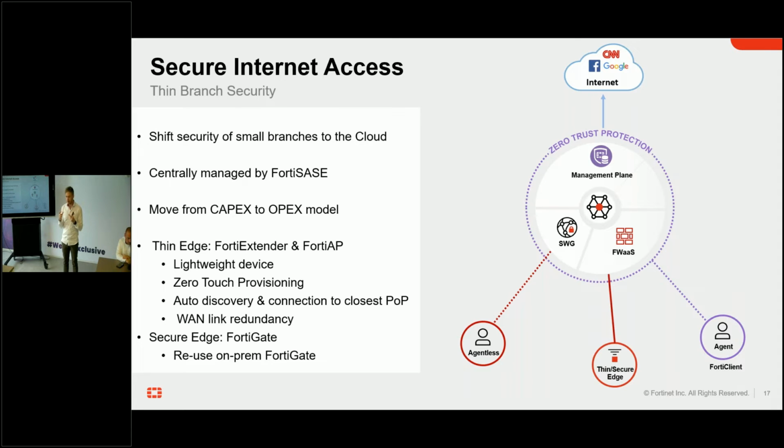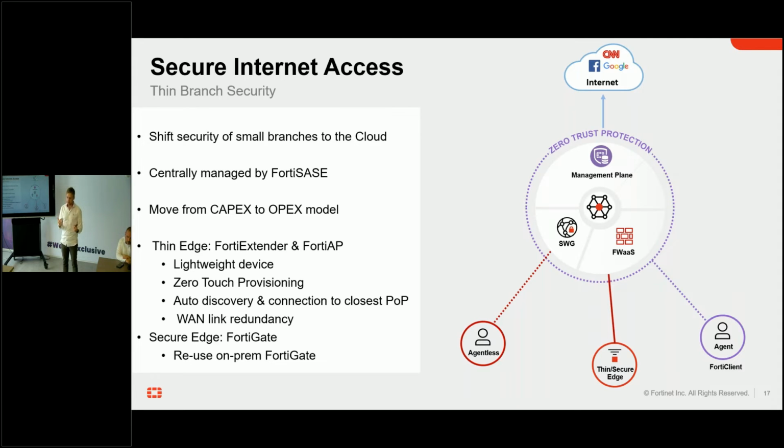And this little device is going to set up this connection with FortiSASE. All the users which are behind my extender or in the future behind my FortiAPs will be able to browse securely to the internet, because again, the traffic is piped through the FortiSASE POPs, the inspection is being done, and the inspection that is being done in FortiSASE is exactly the same as you would have with a full-blown FortiGate.